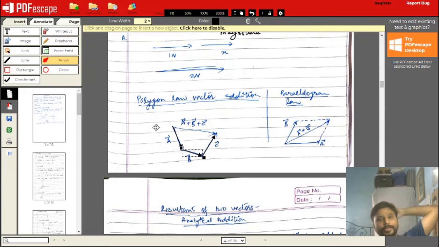So the last remaining tail and the last remaining head are joined in the direction from tail to head. So no matter how many vectors there are, 1, 2 or 3 or more than 3, we join all these vectors and the remaining tail to remaining head is the sum of the vectors.